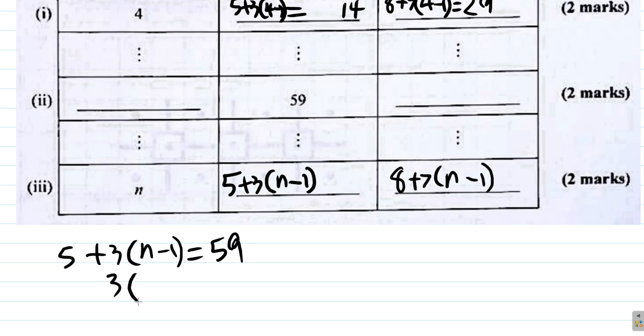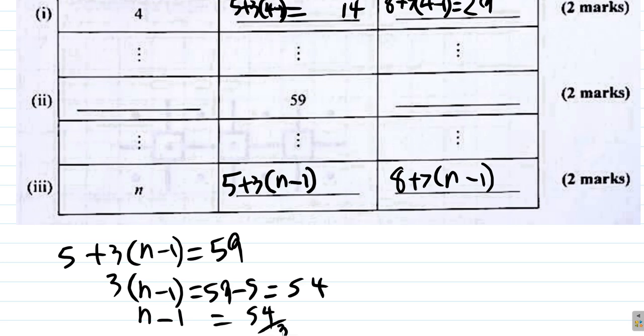This would be 3 times n minus 1 equals 59 minus 5, which is 54. And then if you divide by 3, n minus 1 is equal to 54 over 3. 54 divided by 3, how much is that again? 18.